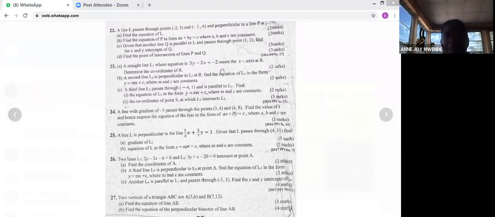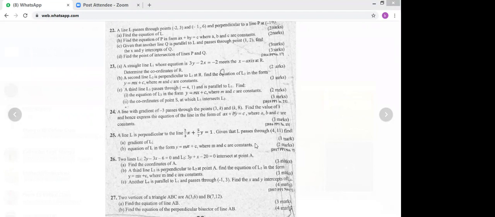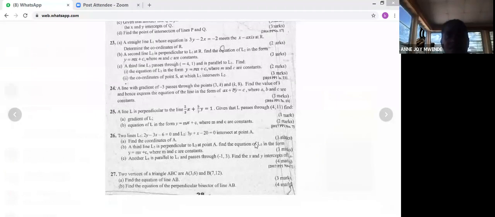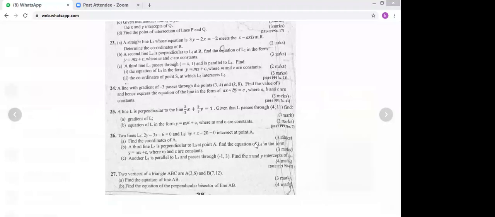Part B, I got y = -1/3 x + 17/3, or you can change it to 3y = -x + 17.